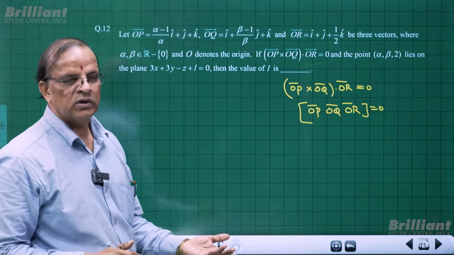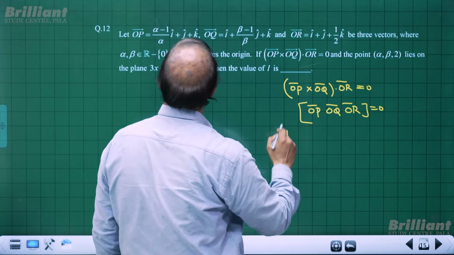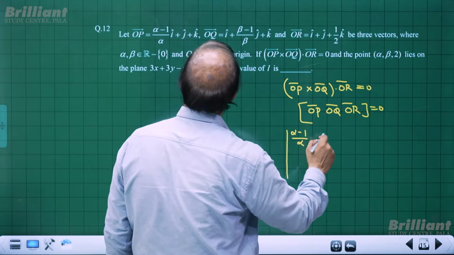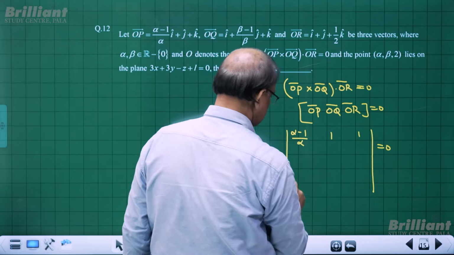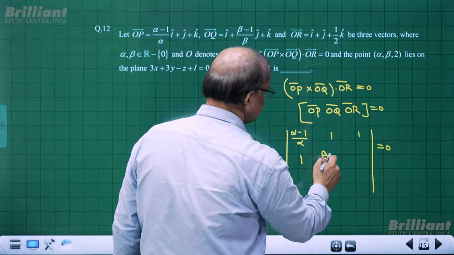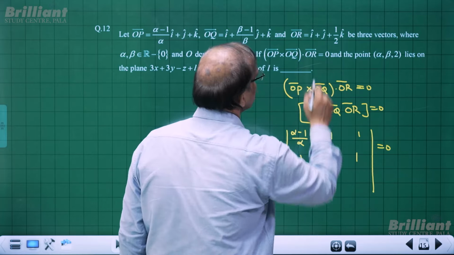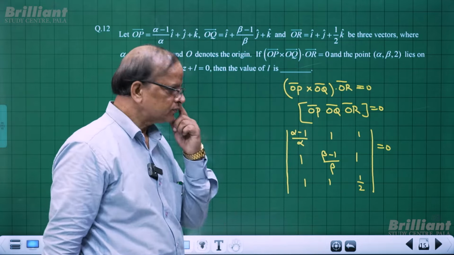So, box means what? Determinant. So, the determinant of alpha, 1 by minus 1 by alpha, 1, 1, next 1, beta, minus 1 by beta, 1 and 1, 1 half, 1 1 half, is equal to 0.